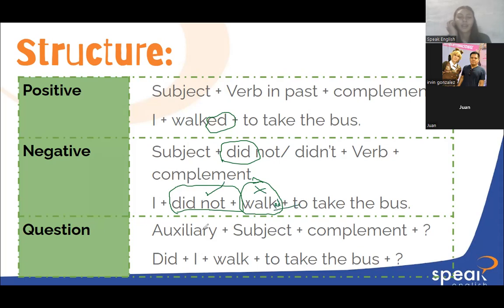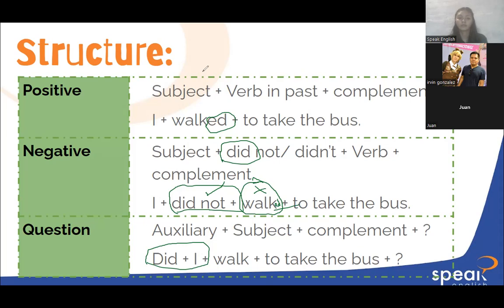Okay. And what happens here for a question? Irving? In this case, the first is the auxiliary because the auxiliary is in past, and the verb is in the base form.